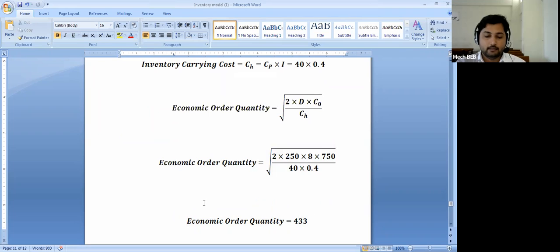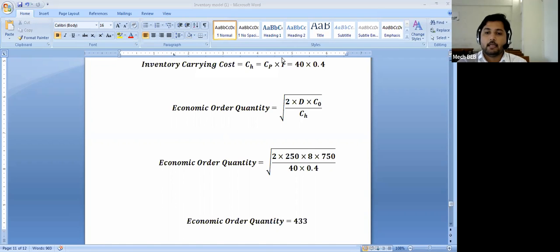Now, the next thing you have to calculate is the minimum total cost. So what is the value for minimum total cost? That is TCM, the minimum annual total cost, T suffix CM. After getting the economic order quantity, you can calculate TCM.